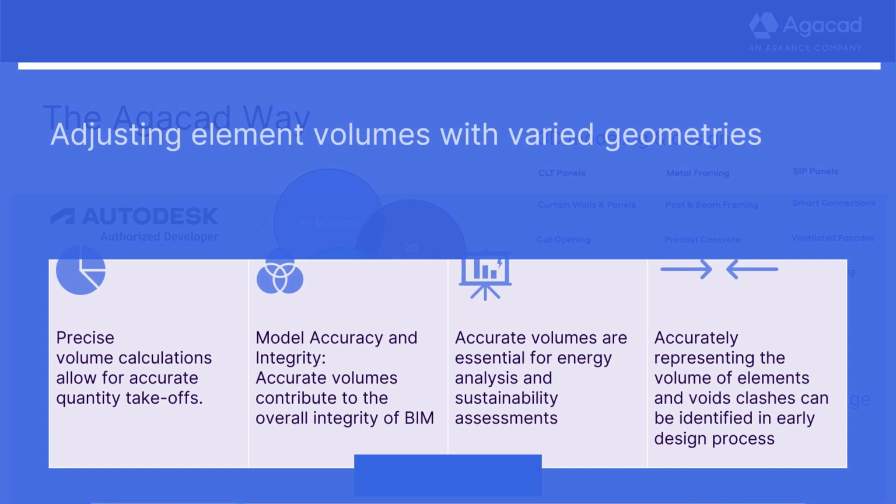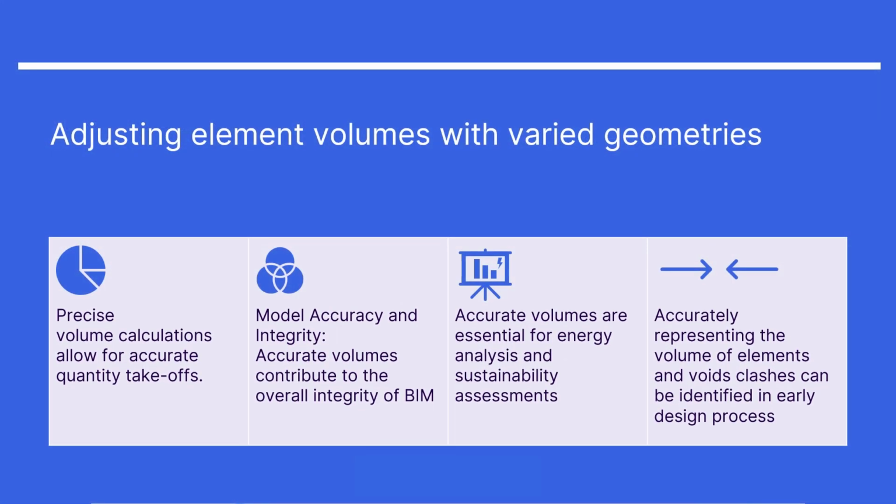Now, before our first Smart Connections demonstration, I want to highlight what values you can get using our tool when you reshape different system families or line-based families automatically with Smart Connections. The first one is undoubtedly essential for estimating project costs, materials, and resources.